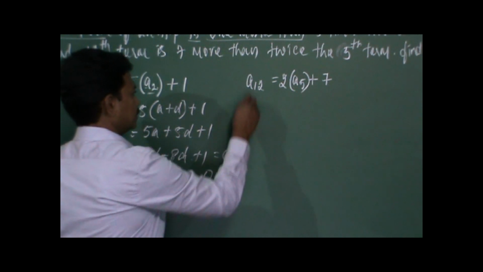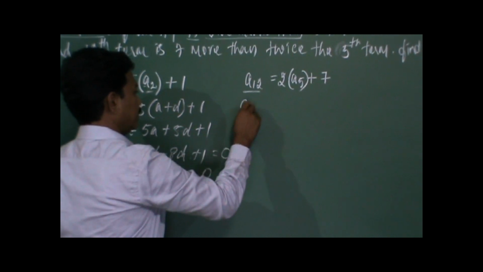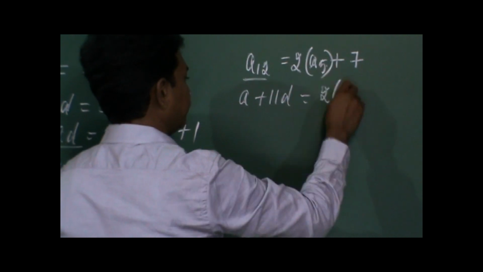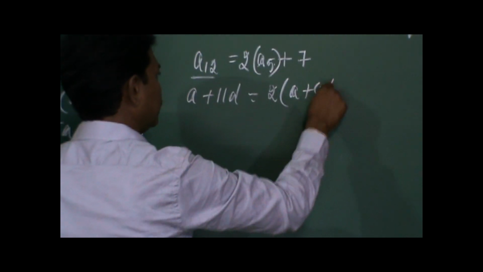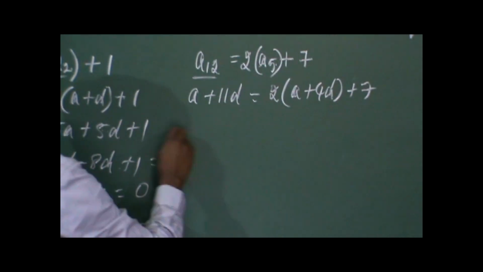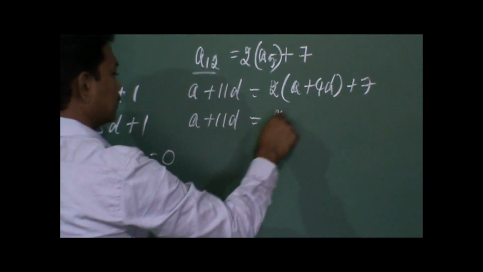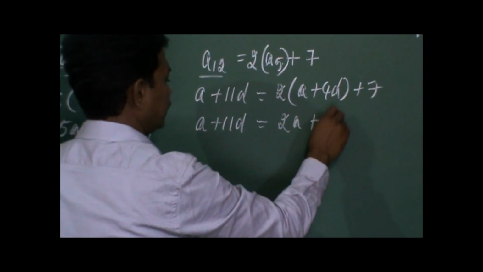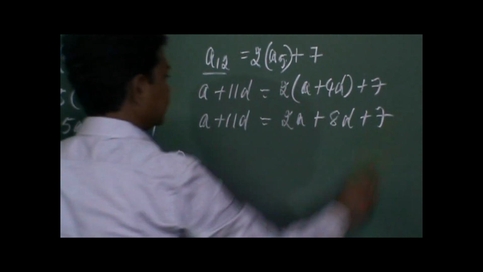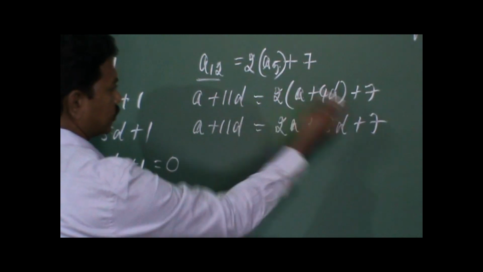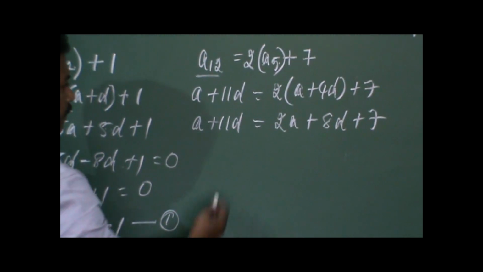It depends. So let us define A12. A plus 11D is equal to 2 into A5. We will define this as A plus 4D plus 7. So A plus 11D is equal to 2A plus 8D plus 7. Transpose these two terms to the RHS.